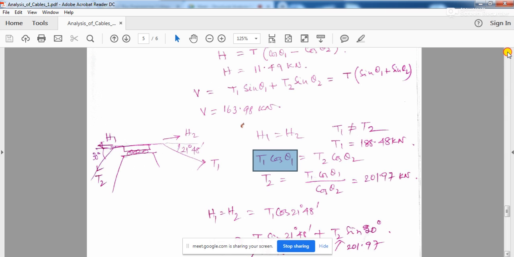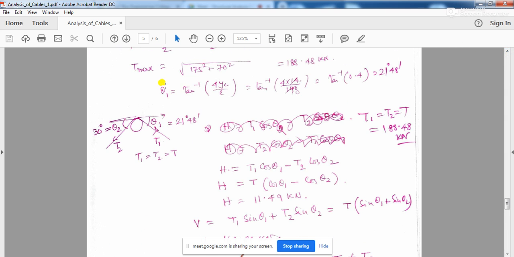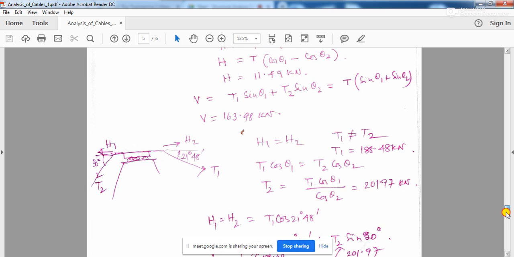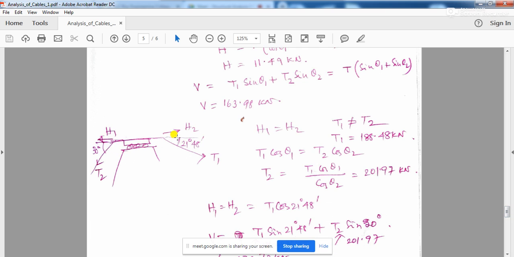which we have earlier found from the formula theta 1 equals tan inverse of 4 YC upon L. So using that formula, whatever value of theta 1 you have got, you put that value in and you are going to get cos theta 1. So T1 cos theta 1 is the horizontal component of the tensile force in the main cable.